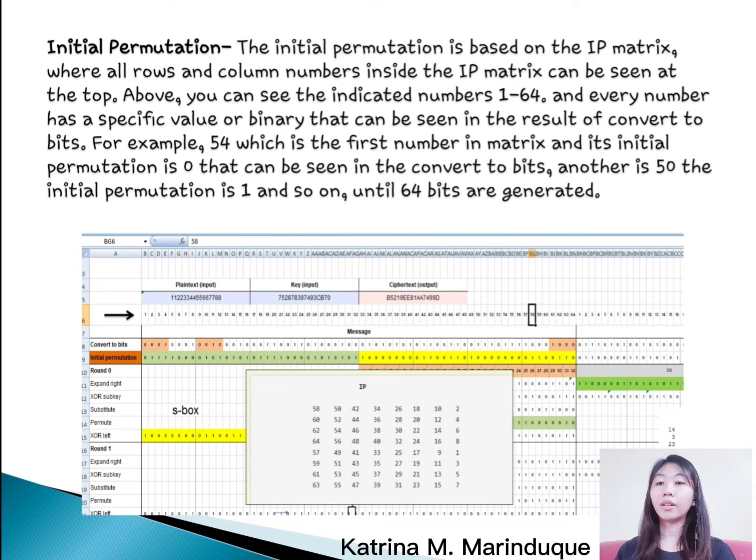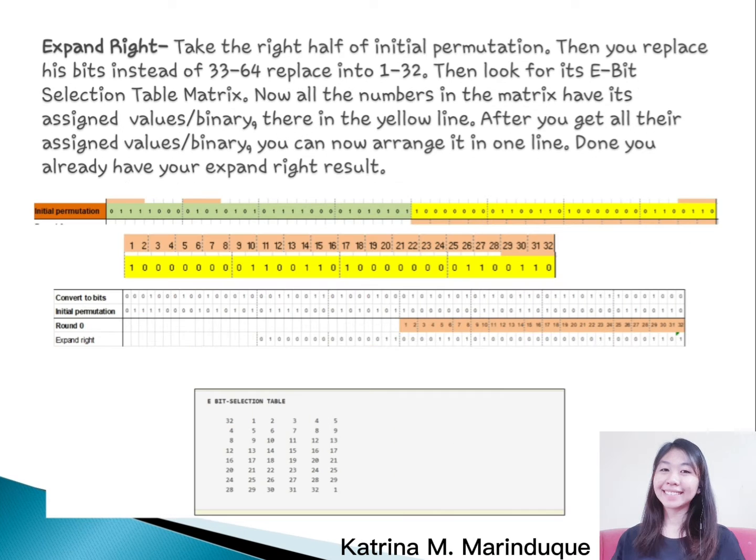For example, 58, which is the first number in the matrix, and its initial permutation is 0, which can be seen in the result of the convert to bits. Another is 50, the initial permutation is 1, and so on, until 64 bits are generated.